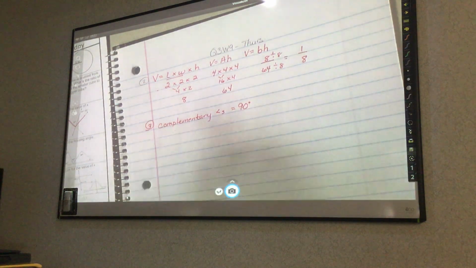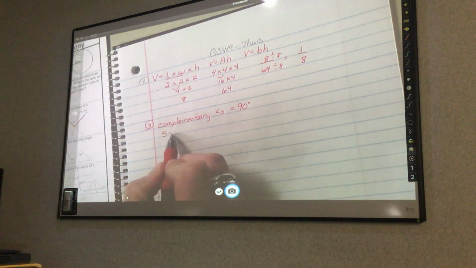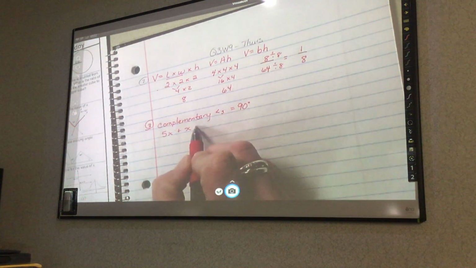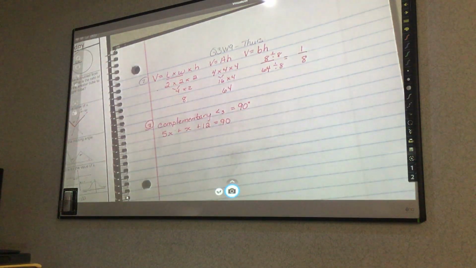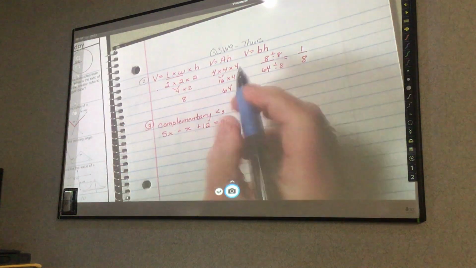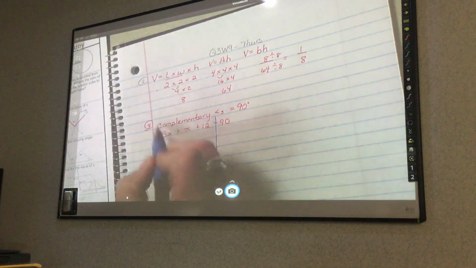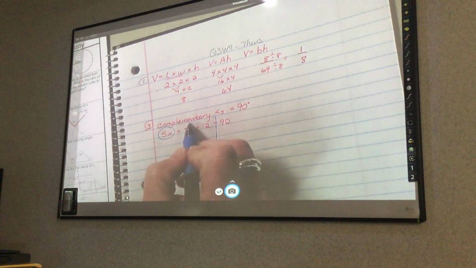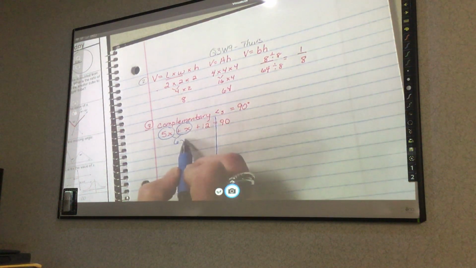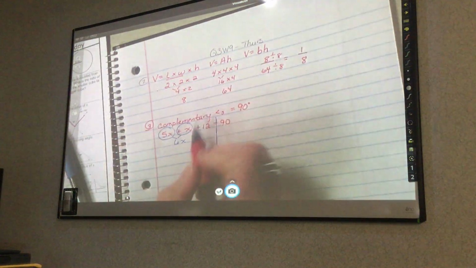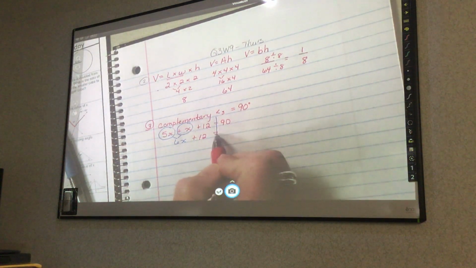So then I just have to show 5x plus x plus 12 equals 90. Then I'm going to draw my line, circle like terms. This adds to 6x.